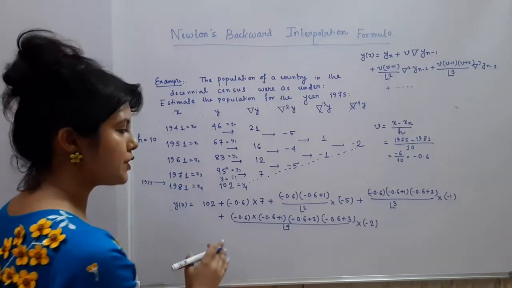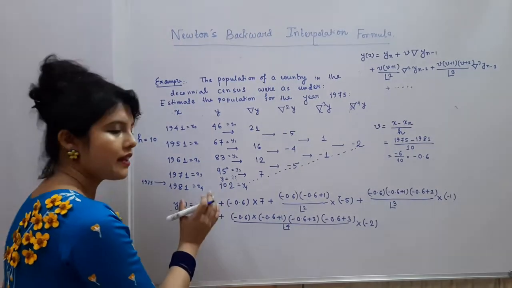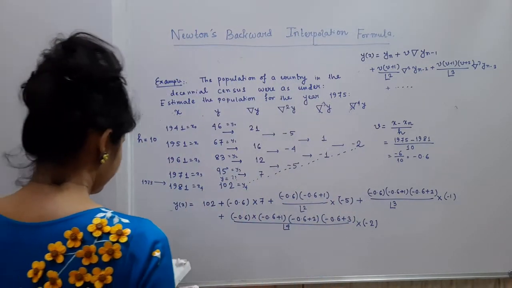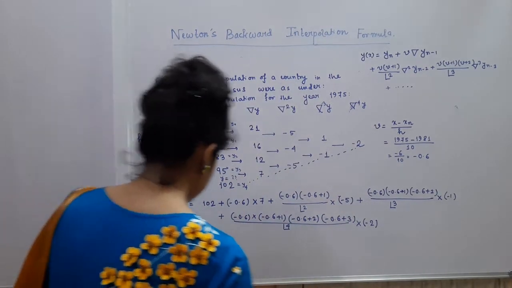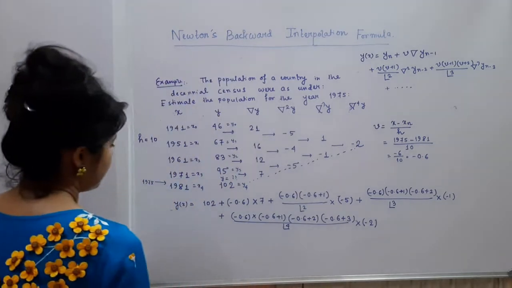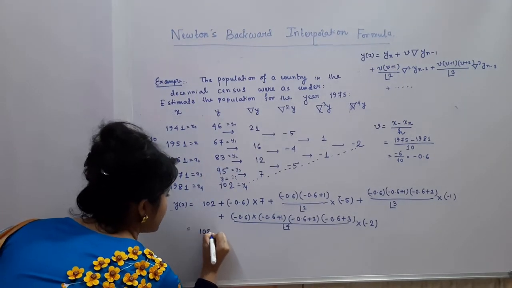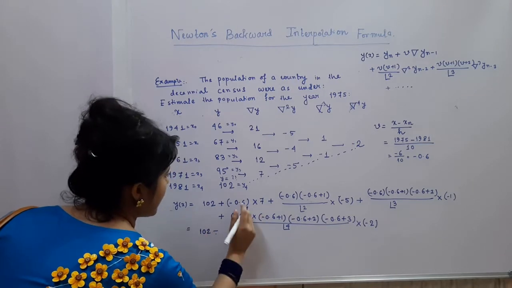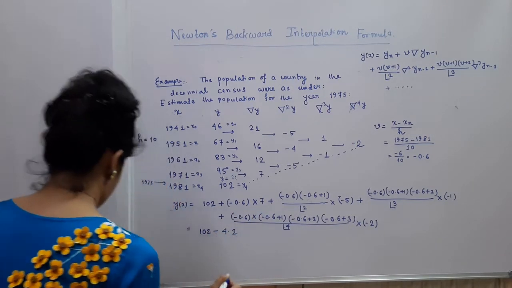Okay, I have substituted all the values. Now I have to calculate it. So therefore this will be like that: the first term is 102, plus this would be minus that, which would be 4.2.